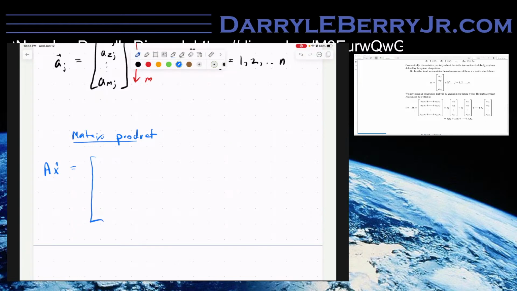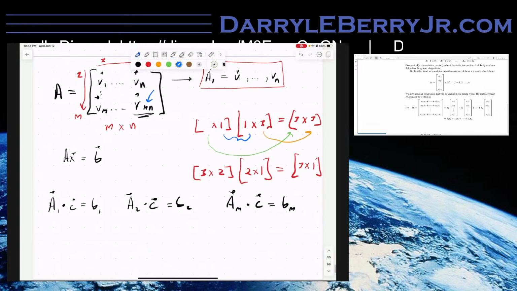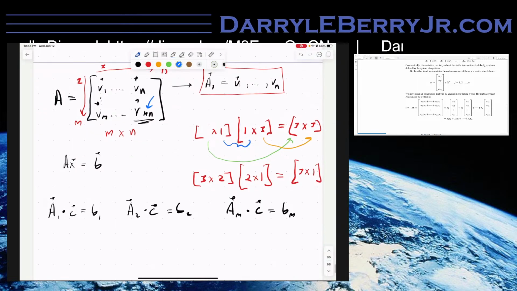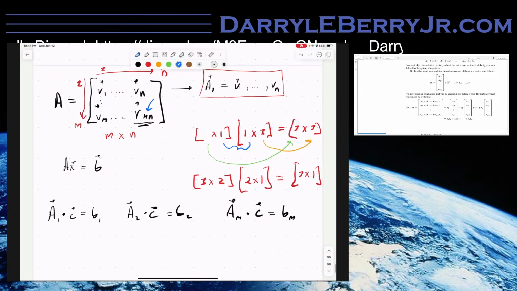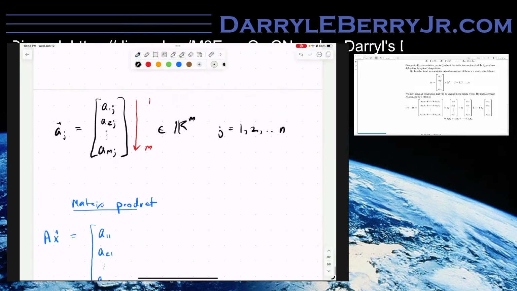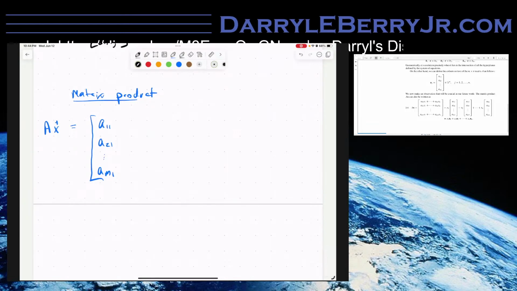So we have the A matrix first. A1,1, A2,1, because that's the second row. And I'll go to Am1 because we're in the first row, first column. So it looks like I can put a 1 here to make that balance out. Continuing, it is still in the first row, the second column, so 2 will go there.